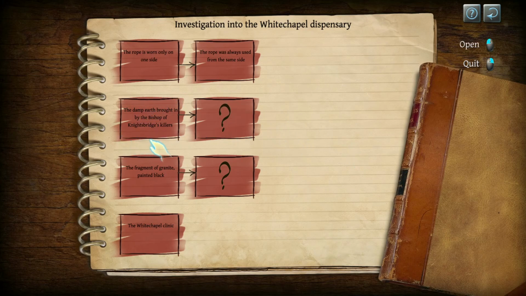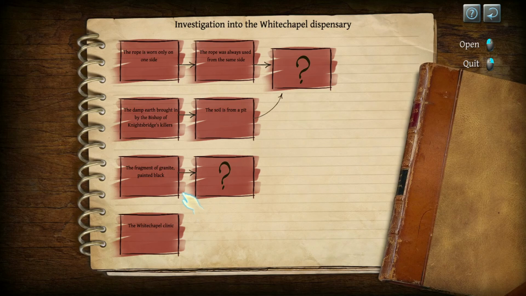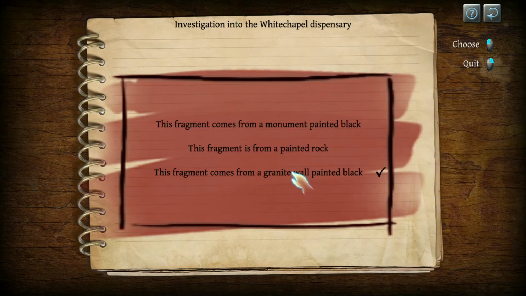The damp earth brought in by the killers. It wasn't a well or a bank, so a riverbank, so it was a pit. This fragment comes from a granite wall painted black. To be honest, I don't really know.